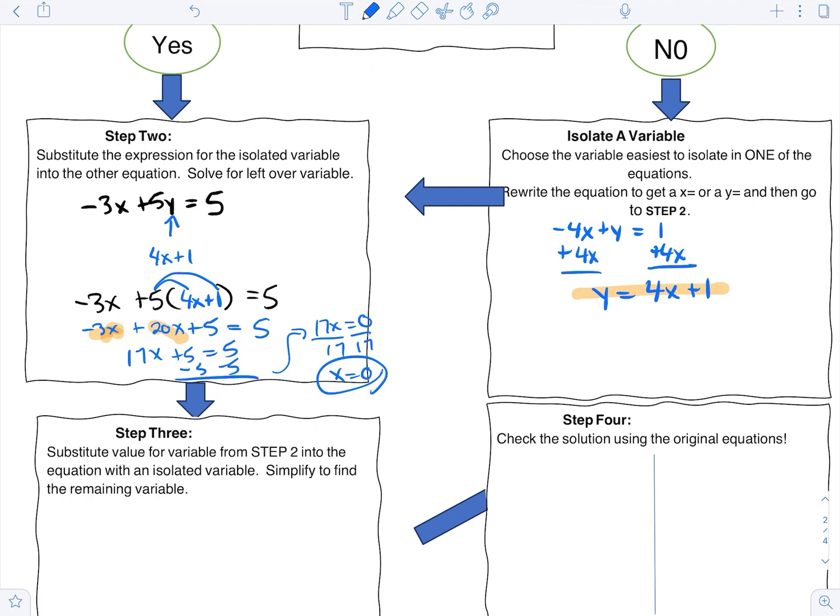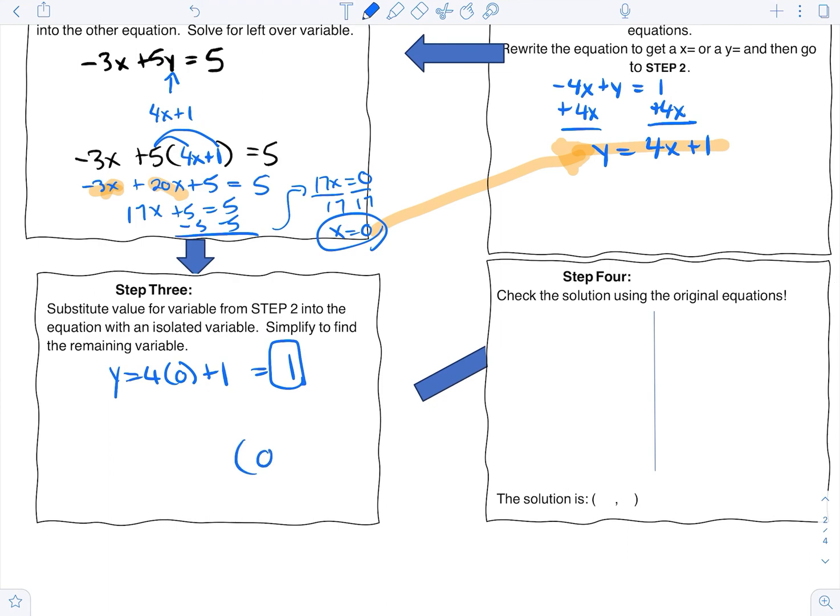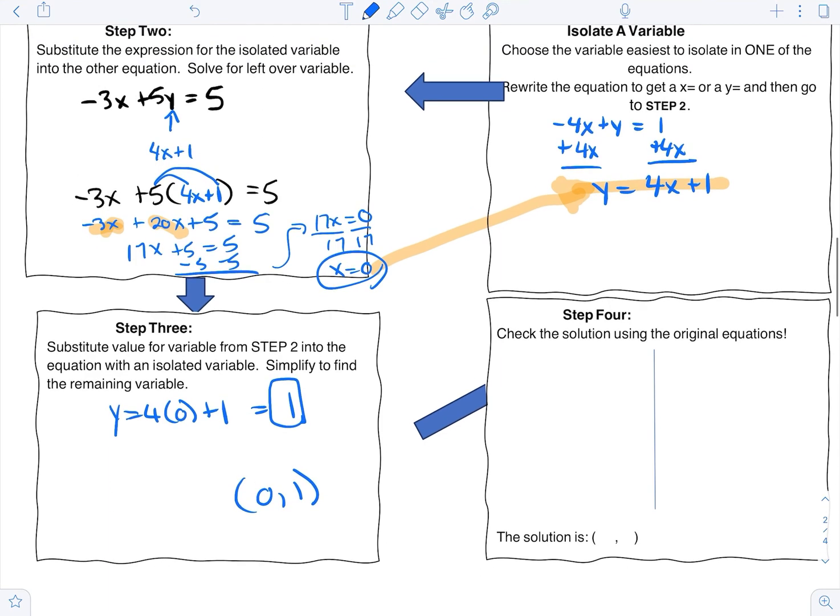So we're going to substitute this value in step 3. We substitute the value we've come up with into this equation. So that means y is equal to 4 times 0 plus 1, and we get that y is equal to 1. So our point would be 0, 1.